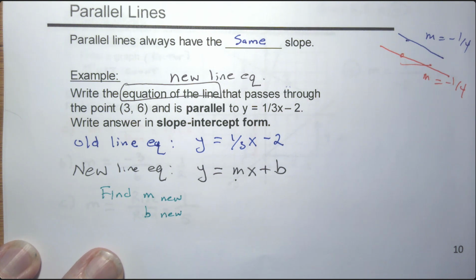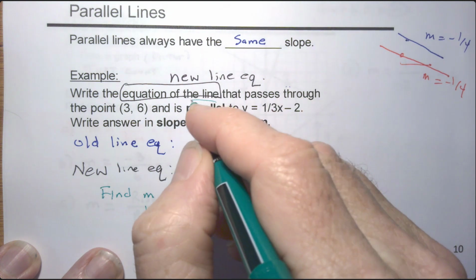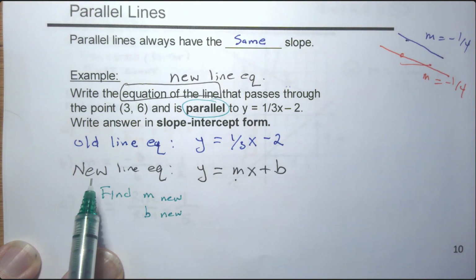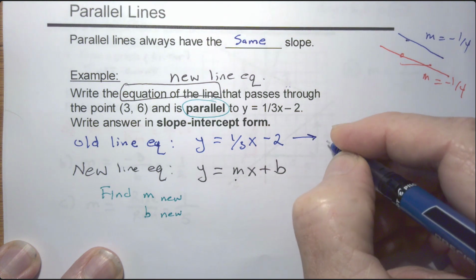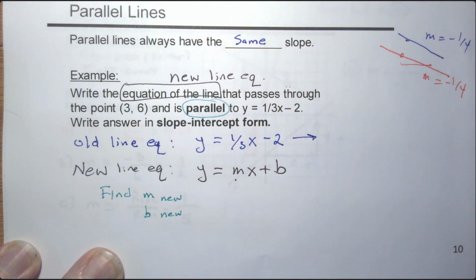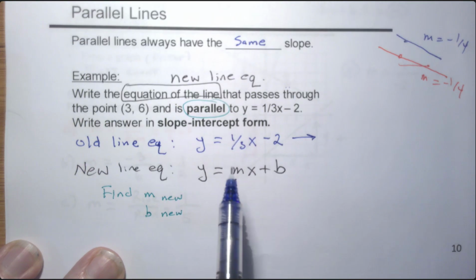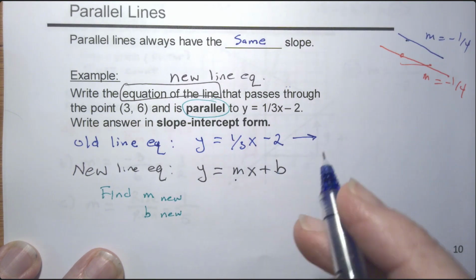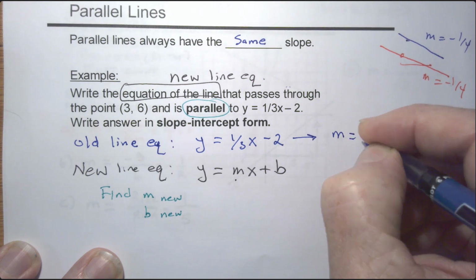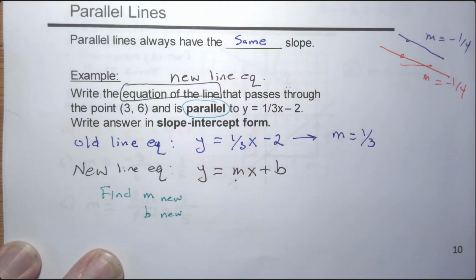Okay, now what clues do we have? Well, the new line is supposed to be parallel to the old line. If they're parallel, their slopes are the same. Wait a minute, we know the slope of the old line. m is 1/3.